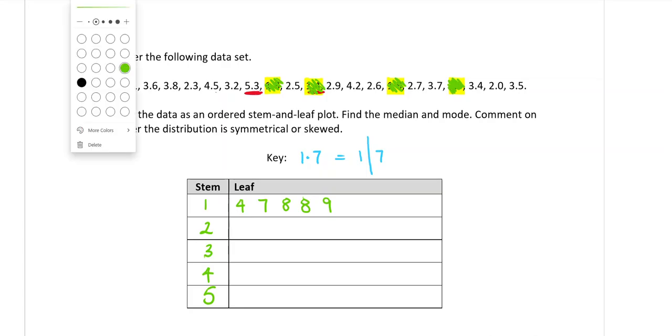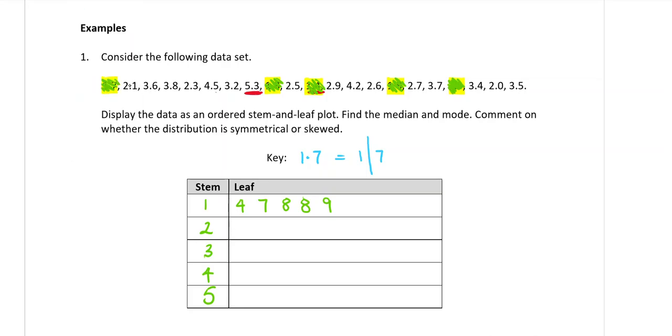Now we need to go and find all the 2 point something numbers. So we've got 2.1, 2.3, 2.5, 2.9, 2.6, 2.7, 2.0. 1, 2, 3, 4, 5, 6, 7 numbers.